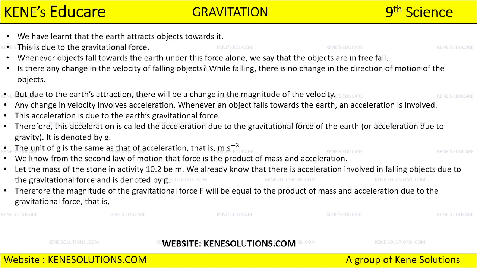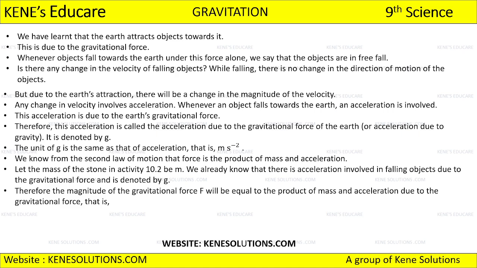And whenever objects fall towards the earth under this force alone, we say that the objects are in free fall. When you throw anything up, it is going to fall again towards the earth. So whenever objects fall towards the earth under this force alone, we say that the objects are in free fall.